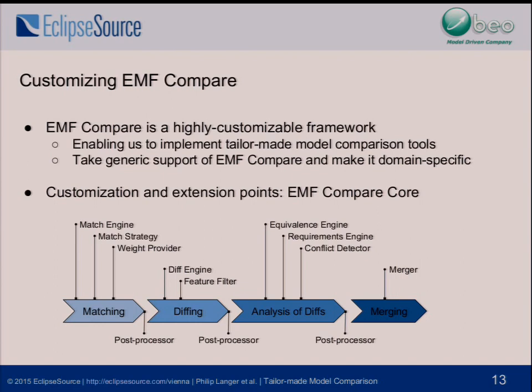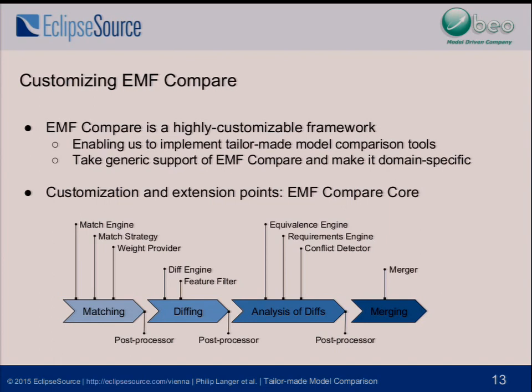And if you, for instance, happen to have a modeling language where the identity of a model element is made up by combining, for instance, 2 features, then you obviously need to tell that somehow to EMF Compare. Therefore, you can extend the matching phase and override the matching strategy that is applied in EMF Compare, and then basically you will get asked for 2 model elements and you need to return whether you want to see them as a corresponding pair or not.